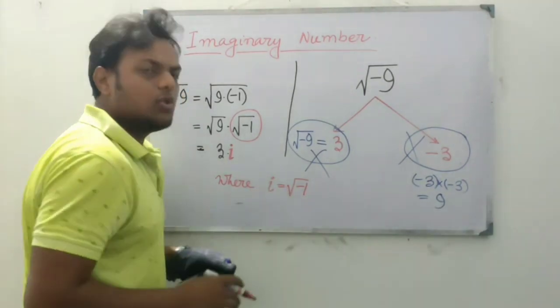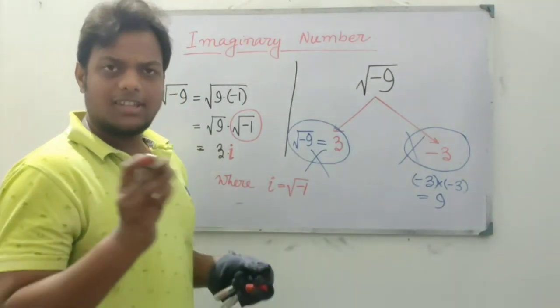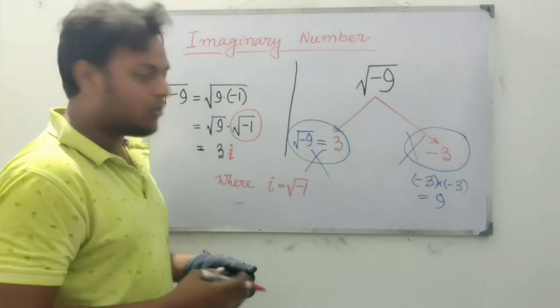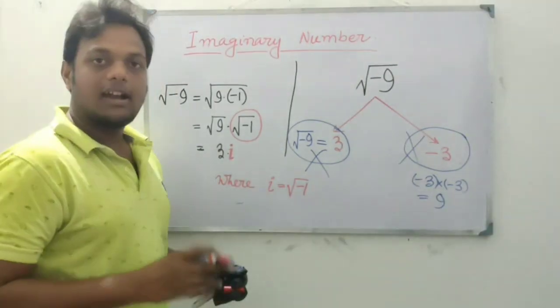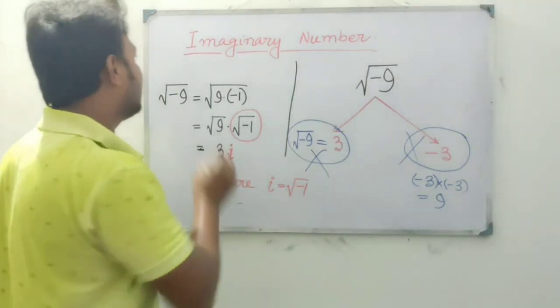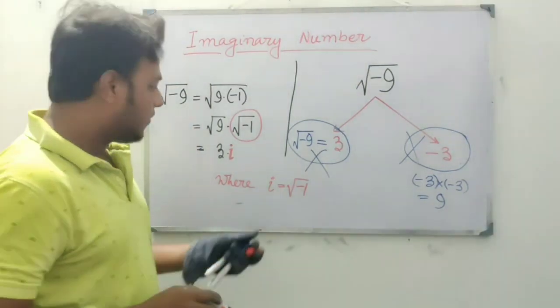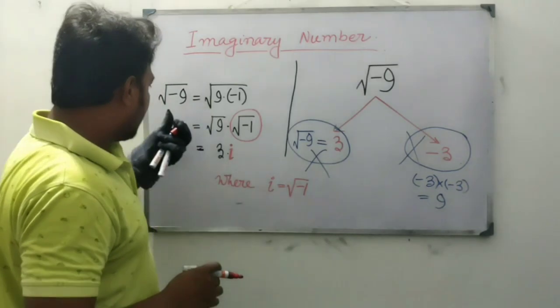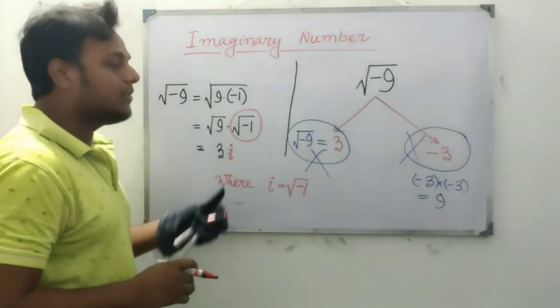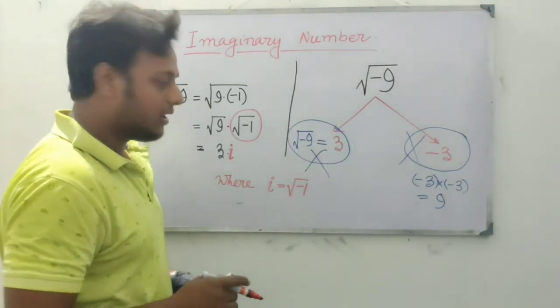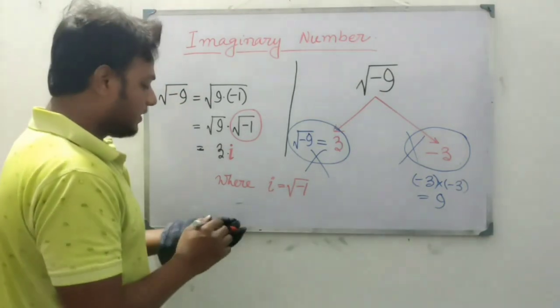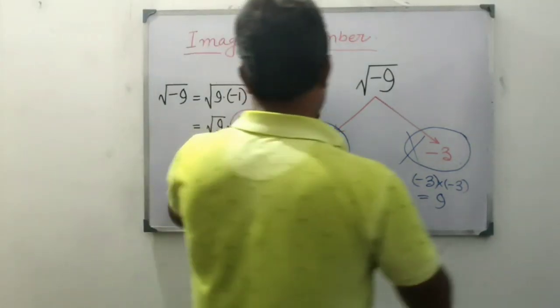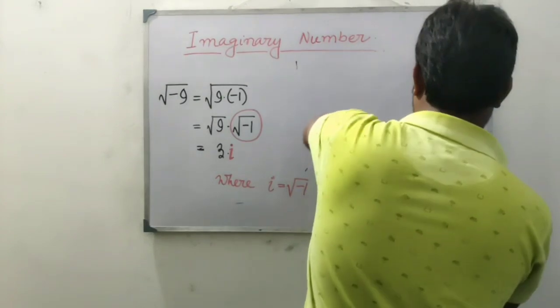There are so many letters, A, B, C, D, E, F, G, so many alphabets, but why have they used I here? I stands for imaginary. This is the first letter of imaginary number. Understood? So what is the value of root over minus 9? 3i. Then what is the value of root over minus 16?